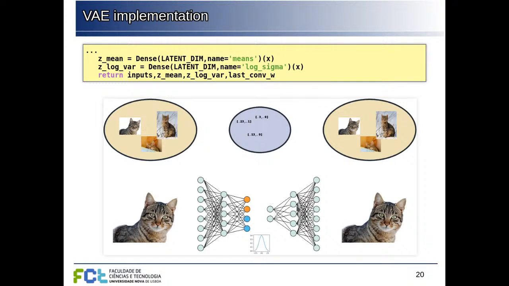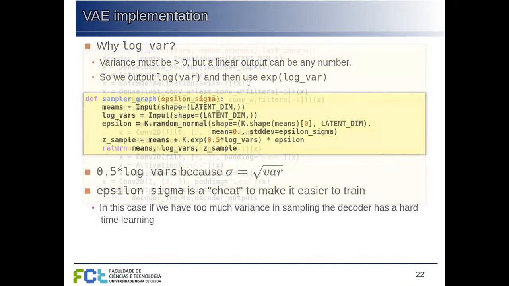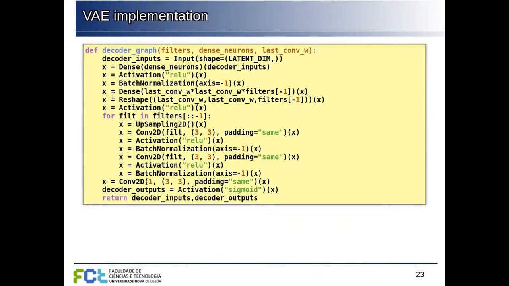We are receiving this as input, so we start with this dense layer, and now we need to recreate the feature map. So we are going to create a dense layer that has a width and a height taken from the dimension of the last feature map that we obtained after the final pooling, and we'll have a depth with the number of filters that we have on the last convolution.